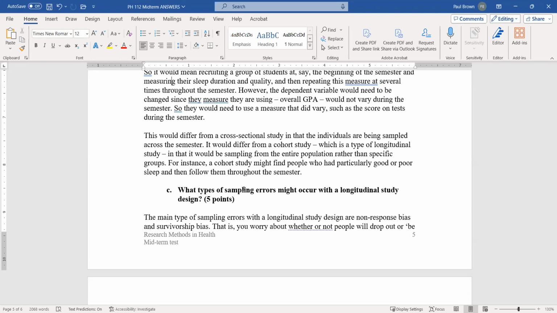So that's why I talk about how, if you're going to really do a longitudinal study, you probably would have to find a different type of outcome measure. Now, I don't really expect that's the way you answered it. I wasn't looking for that detailed kind of answer.